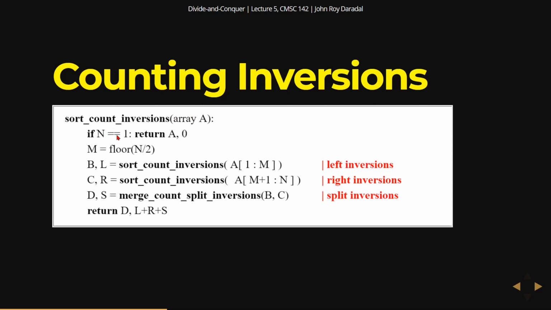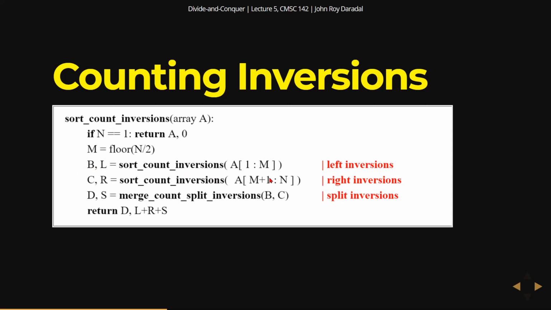So we'll stop the recursion if n is equal to 1, meaning there's only one item in the array, because we cannot divide that further. If it's only 1, then we'll return that array, and there are 0 inversions in a singleton, right? And then we'll get m, which is n over 2, the floor of that, so that's the halfway point. And then we'll sort and count the inversions of the left half. So B would be the sorted version, L would be the count.